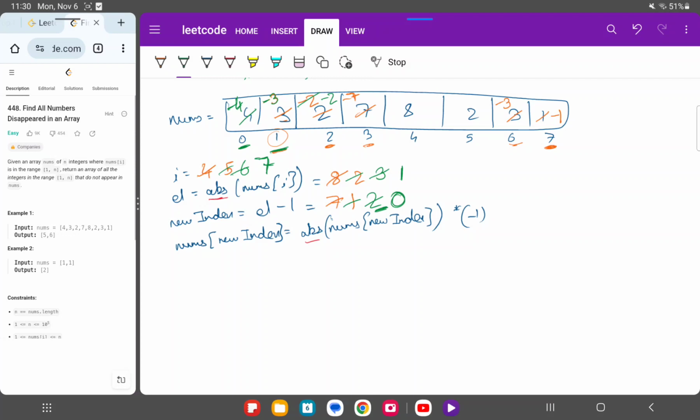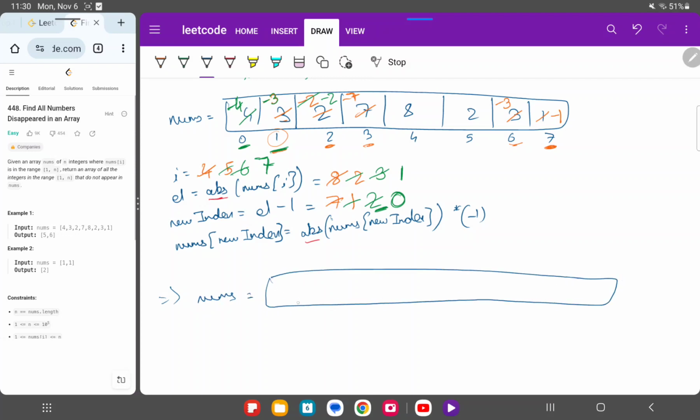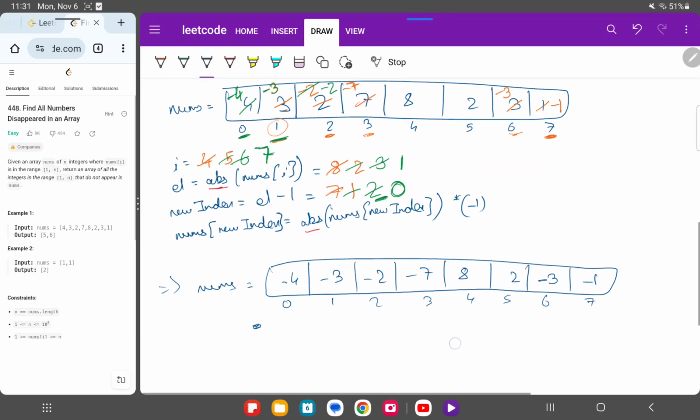So now the array finally becomes something like this. nums equals -4, -3, -2, -7, 8, 2, -3 and -1. This is index 0, 1, 2, 3, 4, 5, 6, 7.